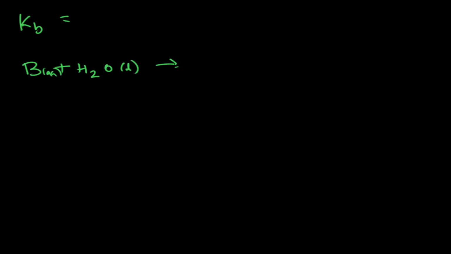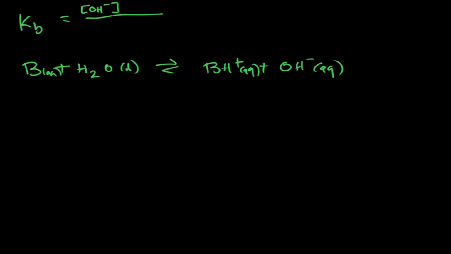And we will be getting a BH plus because the base is going to be abstracting protons, and this is going to be aqueous, and OH minus, which will also be aqueous. So our equilibrium constant will be the concentration of the products over the concentration of the reactants. So OH minus and BH plus is on top, and the concentration of the base at the bottom.